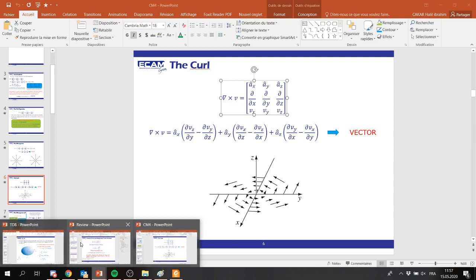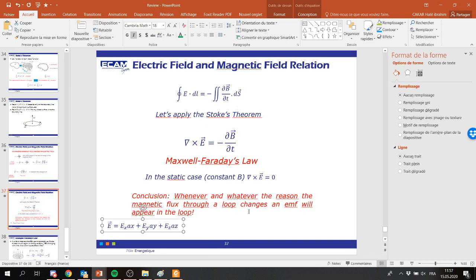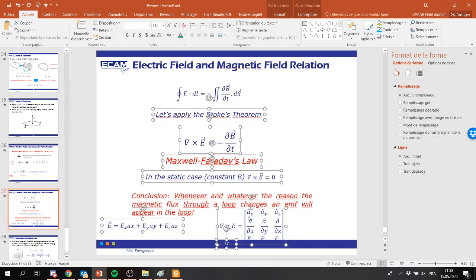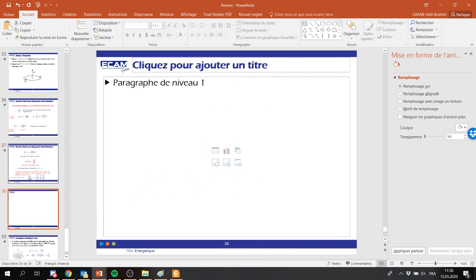So it will be simply like this. The electrical field will be AX EX, and then for this function, maybe I can create another file.